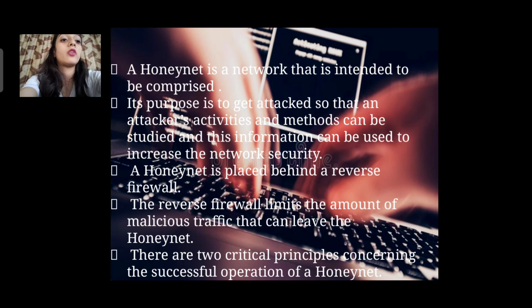The reverse firewall limits the amount of malicious traffic that can leave the honeynet. There are two critical principles concerning the successful operation of a honeynet. So, a Windows honeypot machine, a Mac honeypot machine, and a Linux honeypot machine are some common examples of this honeynet.